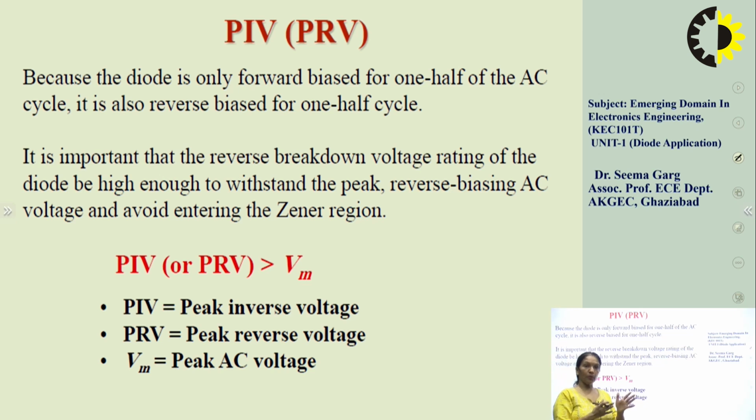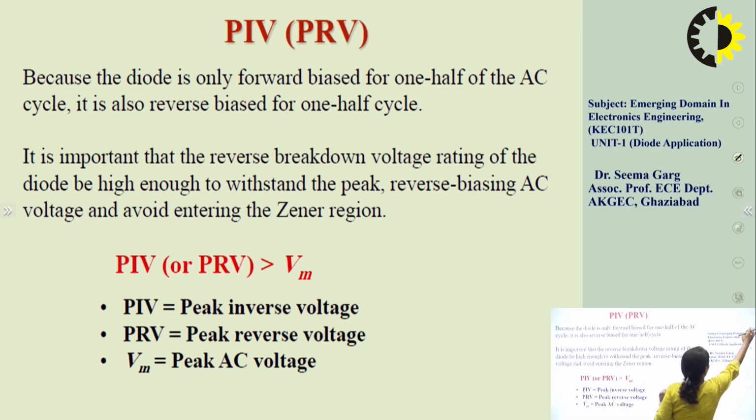That means if a diode has a peak inverse voltage Vm, then up to Vm the diode is in a safe condition. But if we apply a voltage beyond Vm, then breakdown takes place. So it is a very important parameter in the case of the rectifier circuit. So peak inverse voltage in the half wave rectifier is Vm.